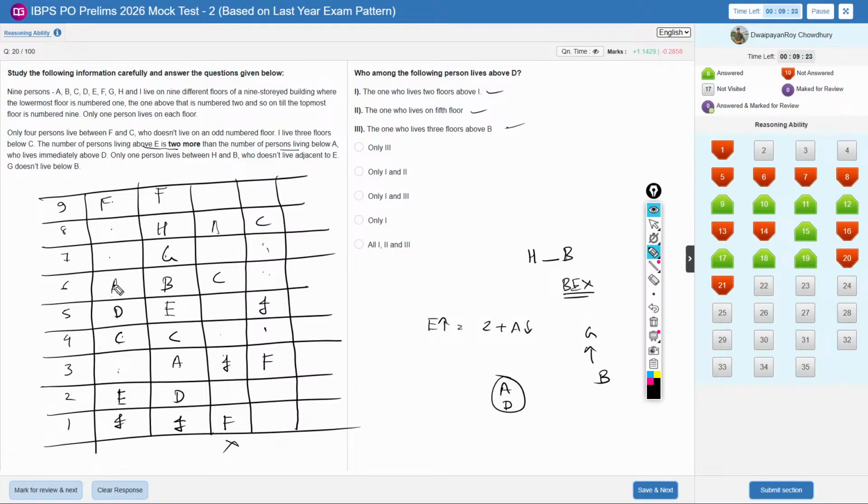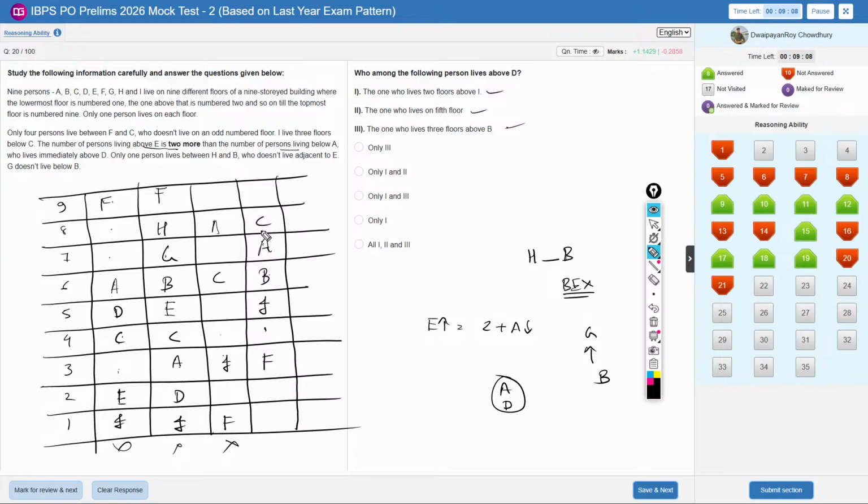Now I cannot give A and B at a gap of 1, so this cancels out. In this image, A and B, let's give them here.